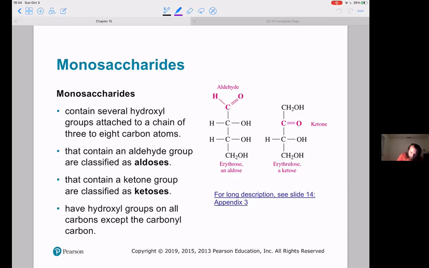First of all, notice that there is either an aldehyde or a ketone in your sugar. If it has an aldehyde, it's called an aldose. This ose ending is going to be something we see over and over again for sugars.